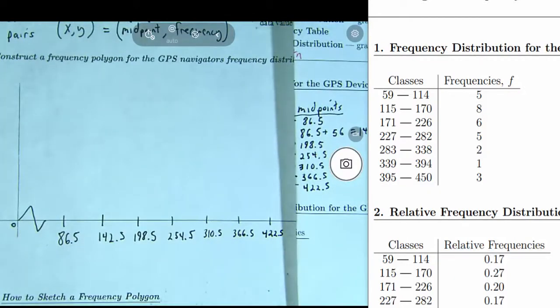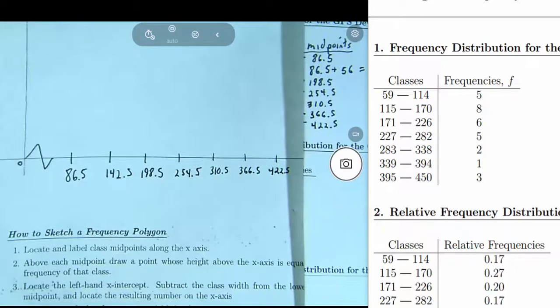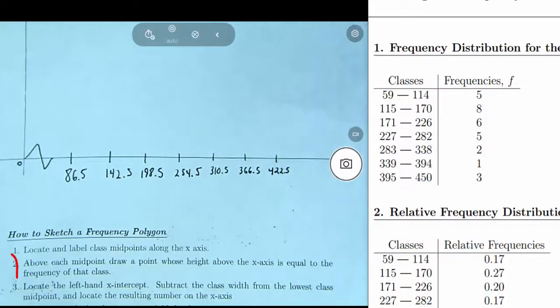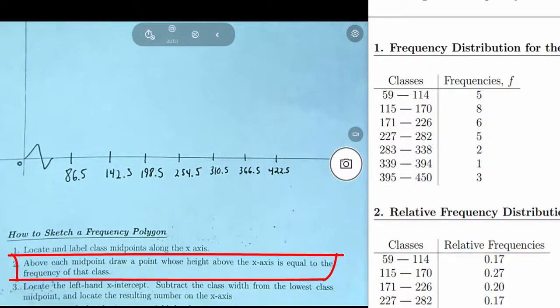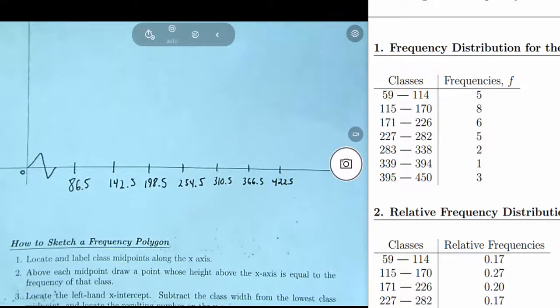Okay, once you've got your midpoints located and labeled along your x-axis, the next thing to do is draw points. Above each midpoint, draw a point whose height above the x-axis is equal to the frequency of that class.